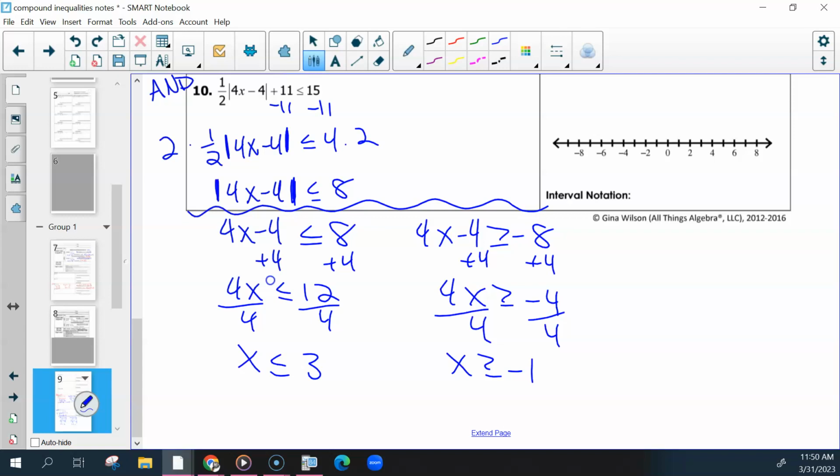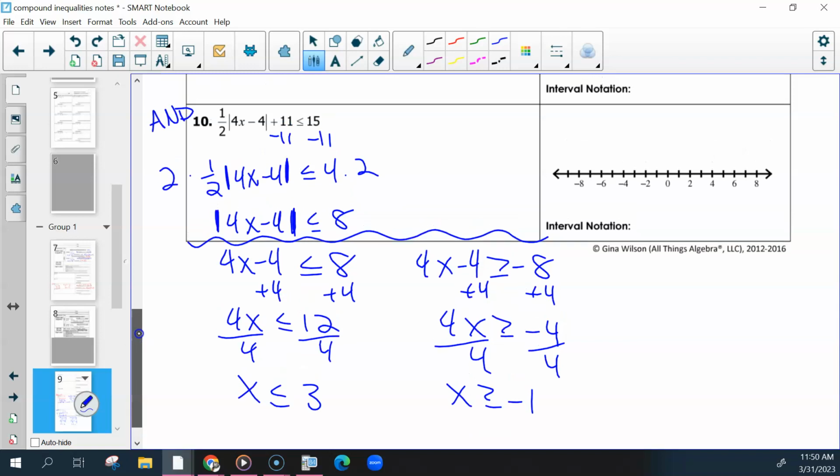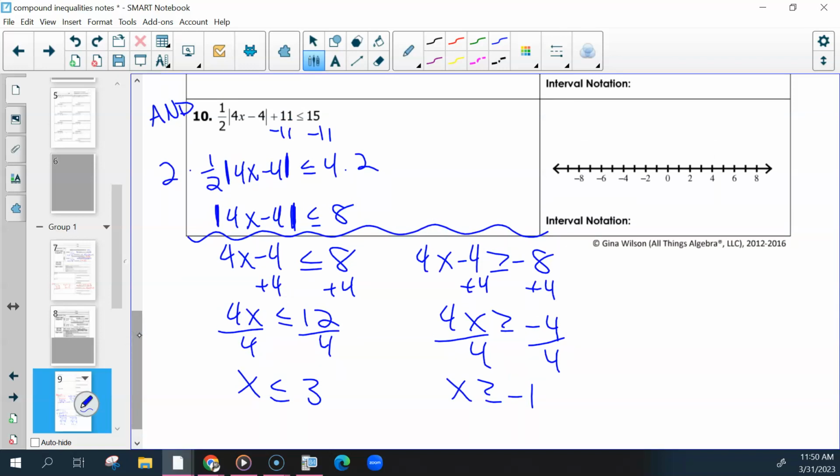So then when we write this in a condensed format, it's going to be greater than or equal to negative 1, less than or equal to 3, so it's going to be between those two. And your line would be between those two points, with brackets for both numbers.